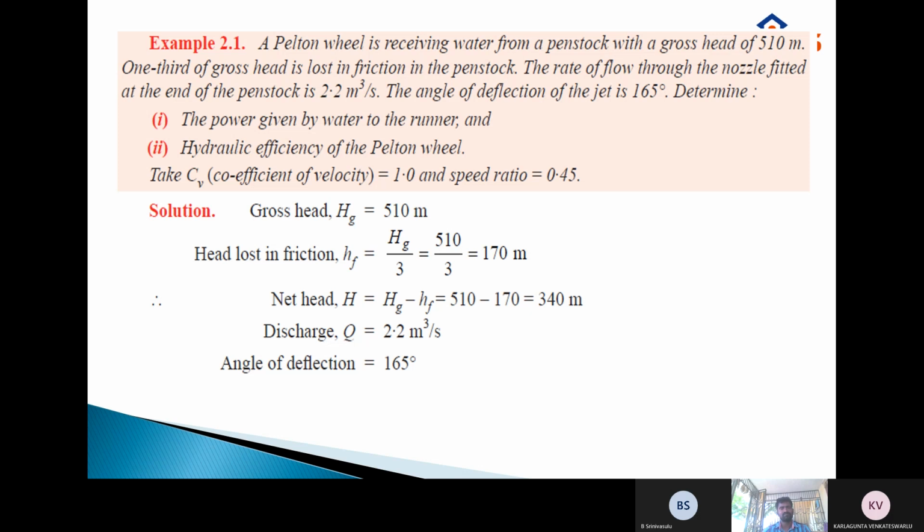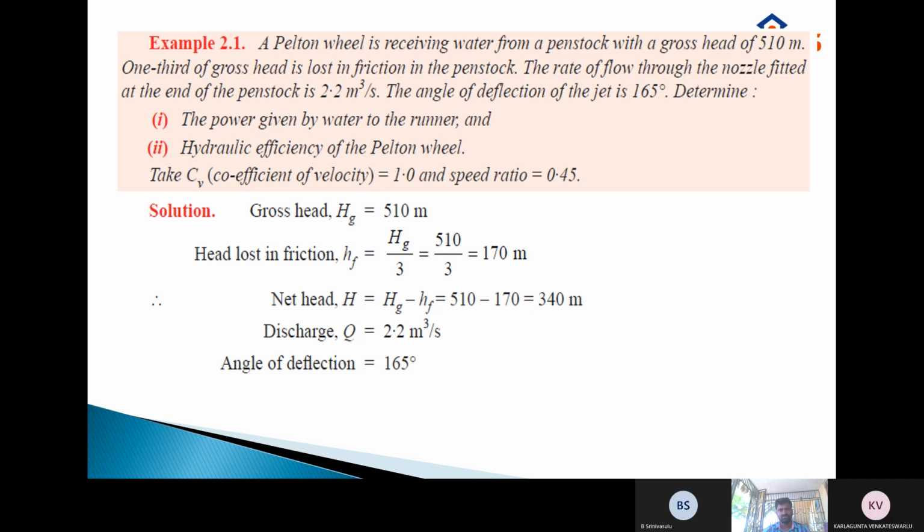Next, a small problem on Pelton wheel turbine. A Pelton wheel is receiving water from a penstock with a gross head of 510 meters. One third of gross head is lost in friction in the penstock.